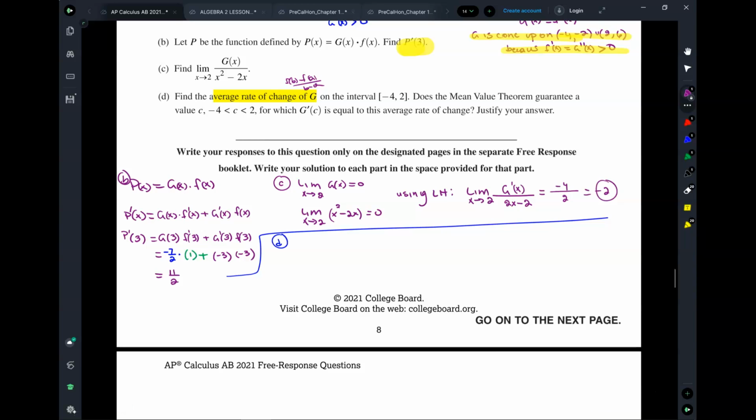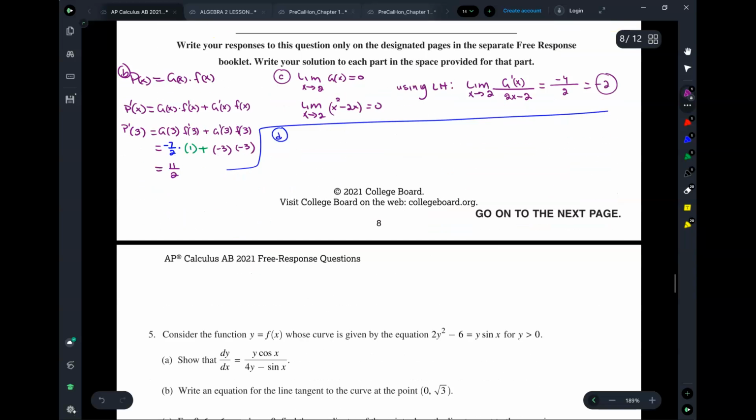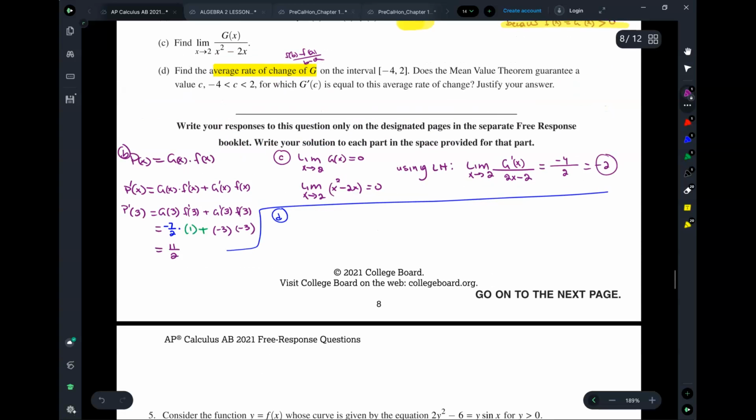Then there is some other stuff: does the mean value theorem guarantee a value, and so on? I'm not even going to worry about that. I'm just going to do what the first sentence told me to do. So let's find the average rate of change of g. That's going to be g of 2 minus g of negative 4 over 2 plus 4, 6.